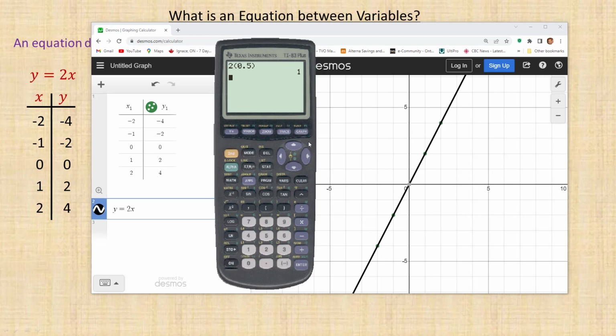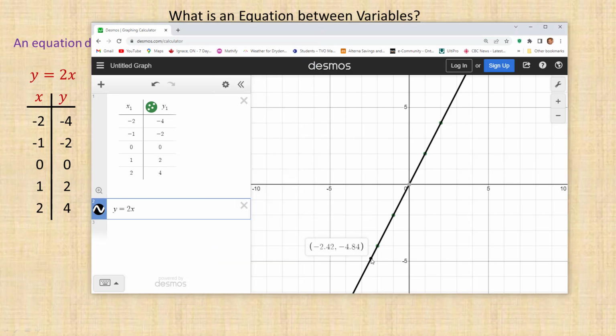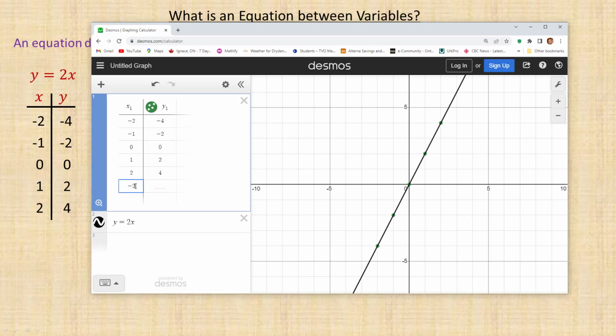So when I said that the equation tells a relationship, the relationship for this particular equation is that the y-coordinate is just 2 times the x-coordinate for every single ordered pair. And you could take some really random value, like -2.42, -4.84. So if I go back to my table here, -2.42, -4.84.